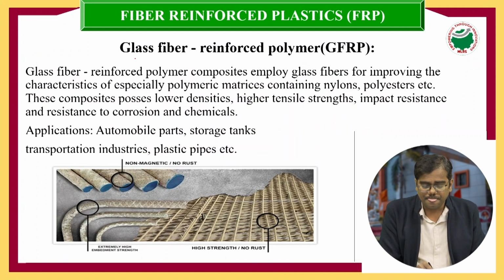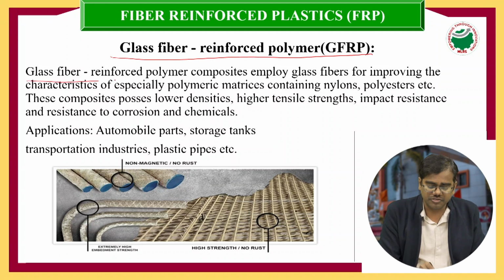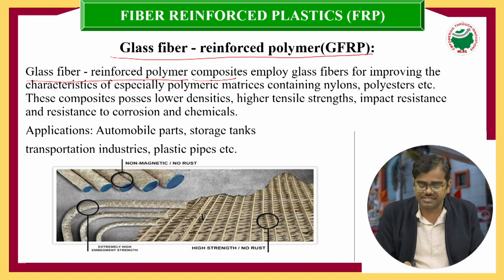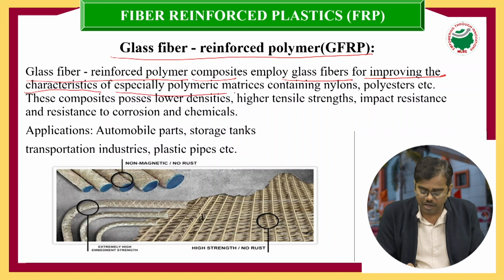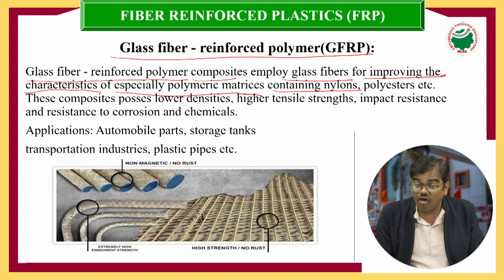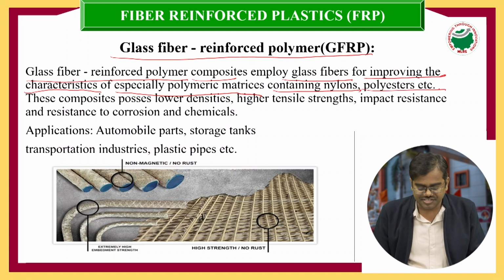The first example is glass fiber reinforced plastics. Glass fiber reinforced polymer composites employ glass fibers for improving the characteristic properties of polymeric matrices, especially those containing nylons. Already we have discussed in the last classes nylon 6 and nylon 6,6. These two belong to polyamides, the most used in textile industries for making cloths, as well as polyesters.